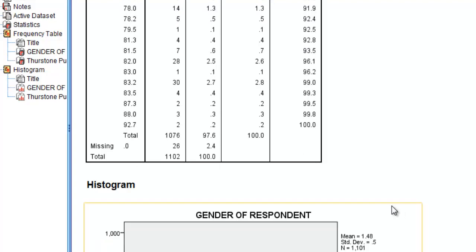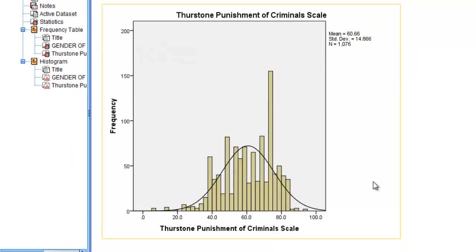Notice how many values there are, and here's the histogram for it. Notice that it's not exactly normal. Clearly it's not exactly normal. There's a peak here in the low 70s, but again, it's within the tolerance level of positive 1, negative 1 for skewness and kurtosis. So we're going to treat this like it's a normally distributed variable.